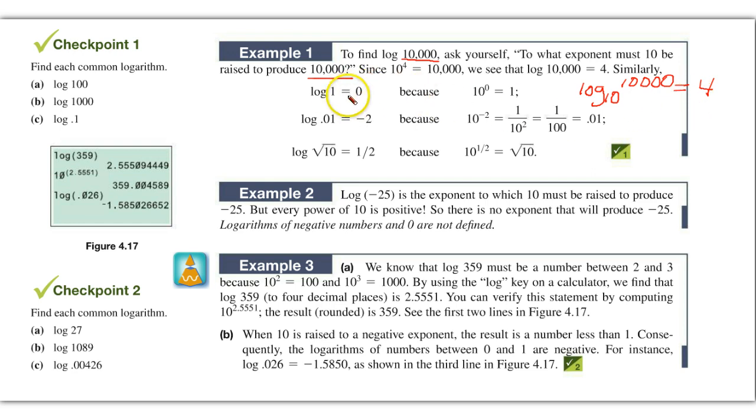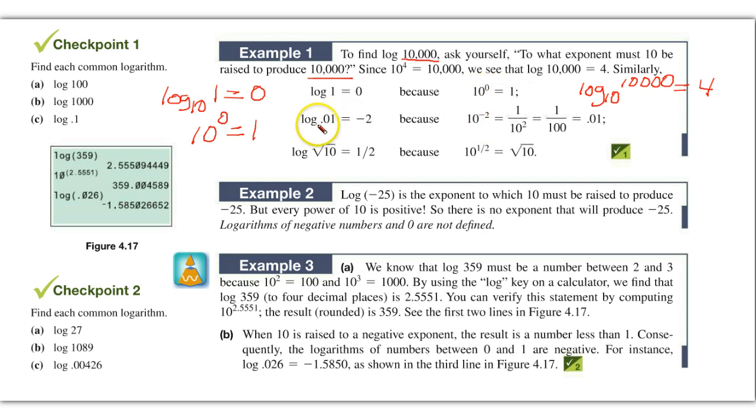Now, there are a couple little tricks that you need to be careful of, and that is the log base 10 of 1, that is 0. So what did we say if we have base 10 to the 0 power? It is 1. So this is what they're showing.